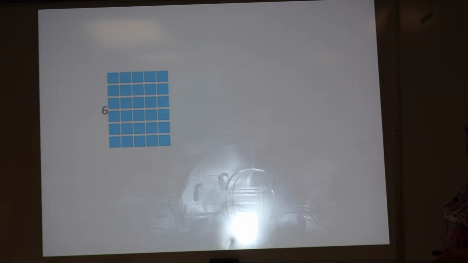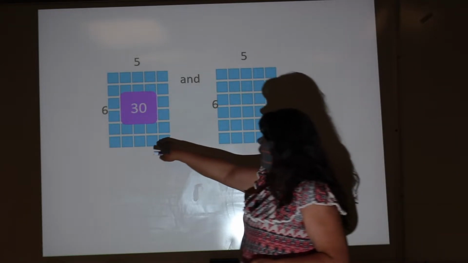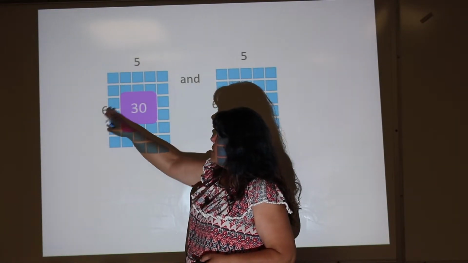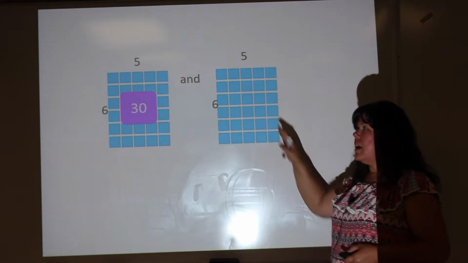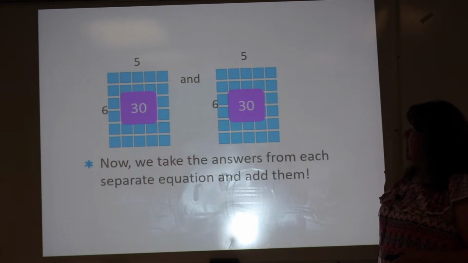So we're going to rewrite it again with more room. If I counted all of these up, I would have 30, because 5 times 6 equals 30. So what will I have here? You guessed it, I'm going to have another 30. Now we take the answers from each.